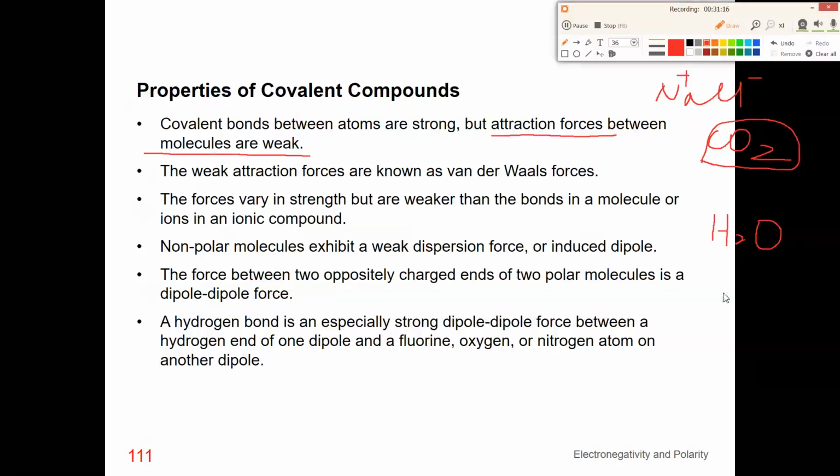So why is water in the liquid phase? Because its attraction is stronger than carbon dioxide, because it's a polar bond. The weak attraction between covalent compounds is also called van der Waals forces, named after a person from Holland.